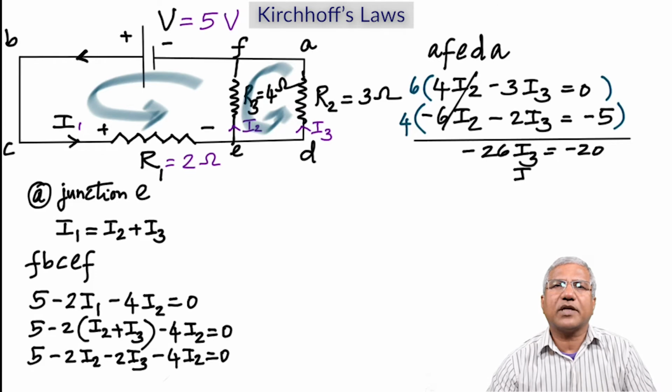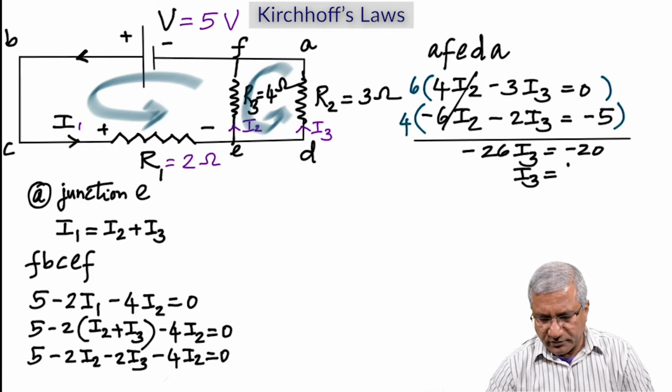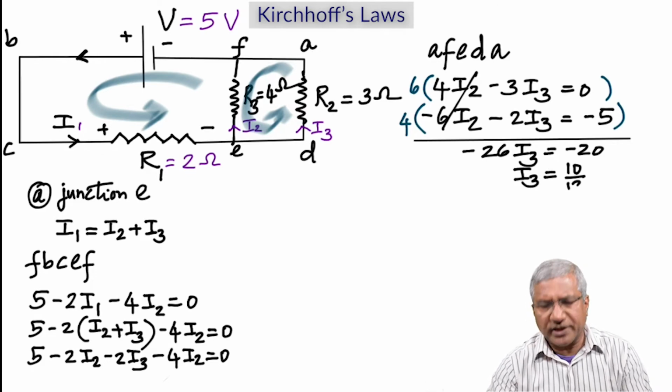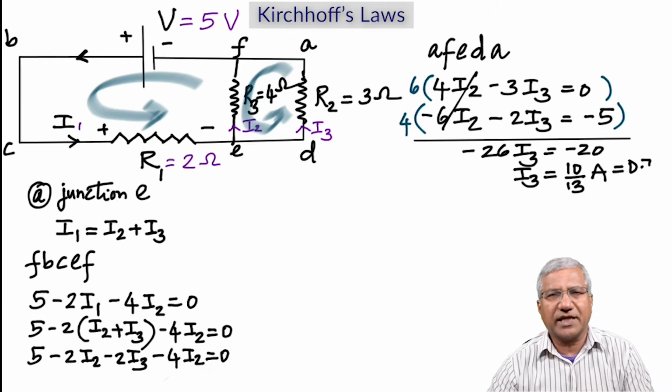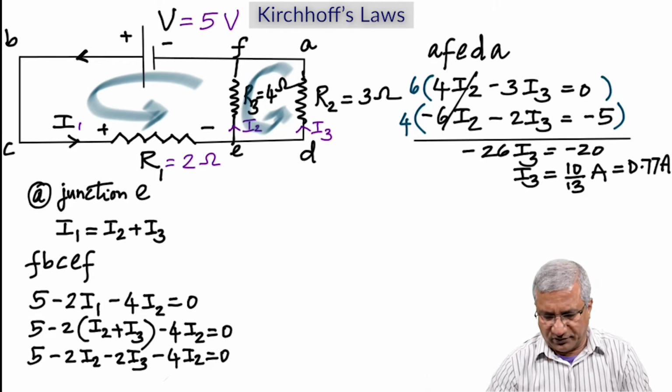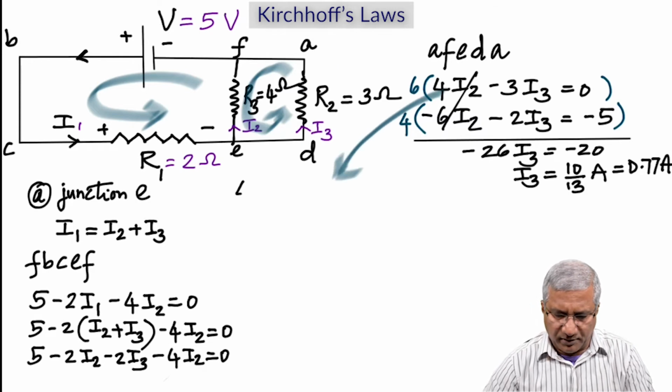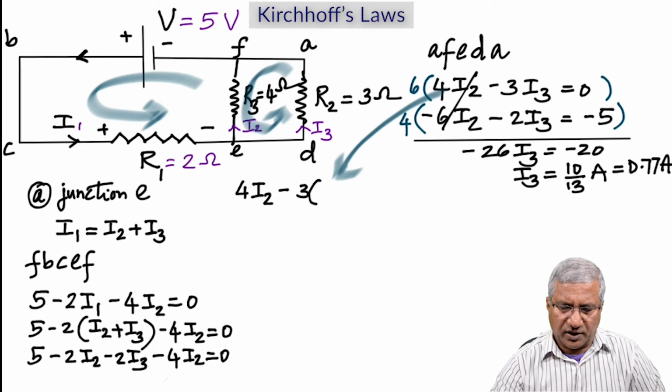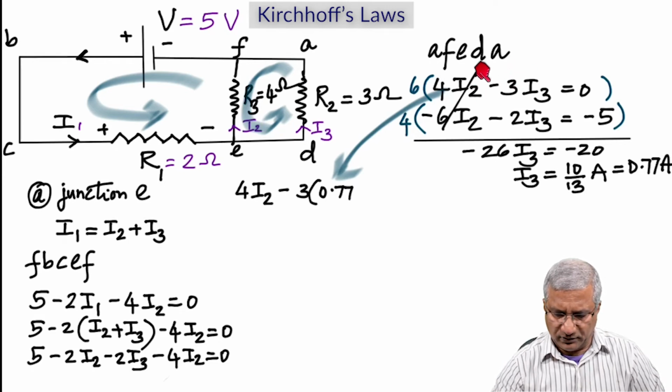And then solve, you get the value of I3. So I3 is 20 by 26, which is 10 by 13. The negative by negative becomes positive. So it's 0.77 ampere.